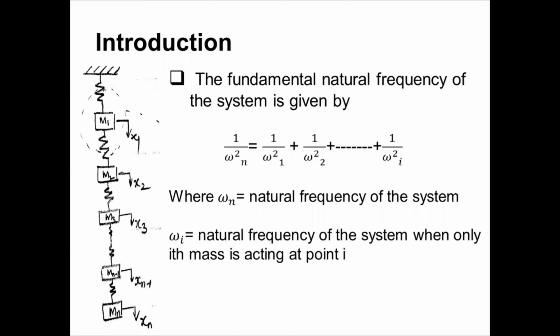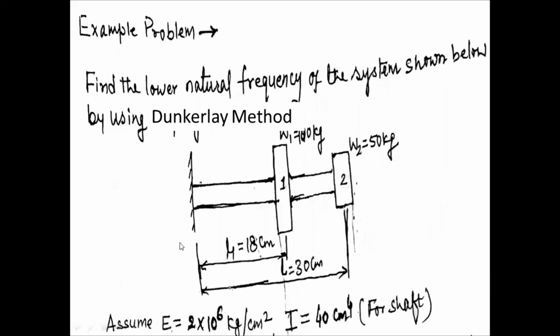And similarly, omega 2 can be calculated by considering only the second mass without considering mass 1, and that natural frequency would be called omega 2.